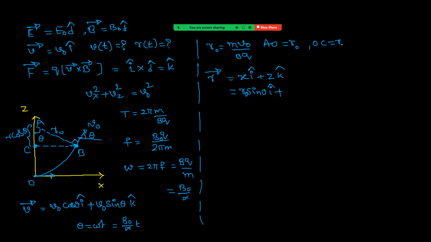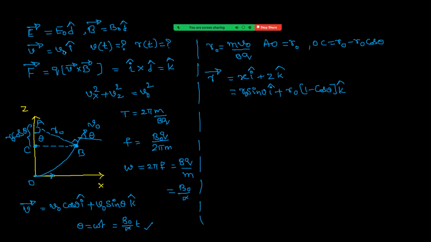OC means R naught minus R naught cos theta, right? Total value is the R naught radius, from that subtract R naught cos theta. So the Z value is R naught into 1 minus cos theta k cap. We know what theta is, right? Theta is known. So we got the velocity vector and position vector as a function of time.